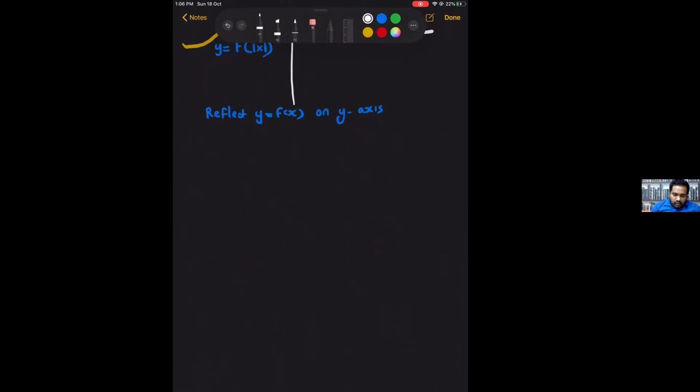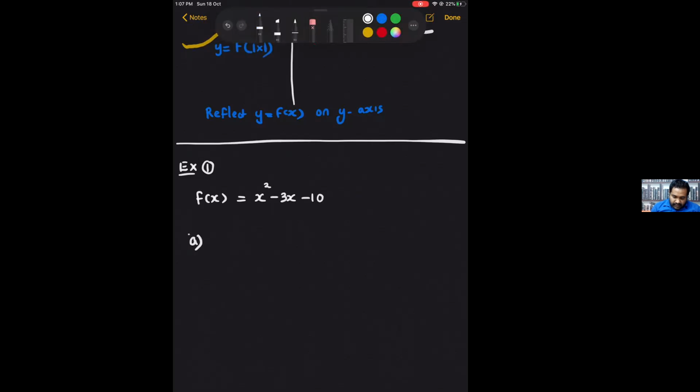Okay, so we'll start solving by considering one example. So question, example 1. Question: f of x is equal to x square minus 3x minus 10. So automatically the question is, sketch the graph of y is equal to f of x.